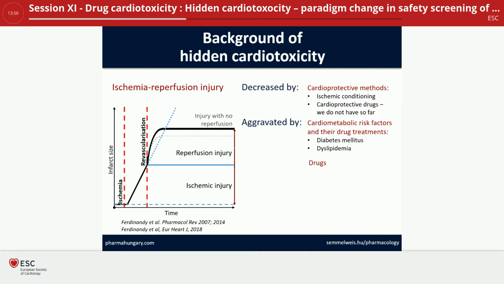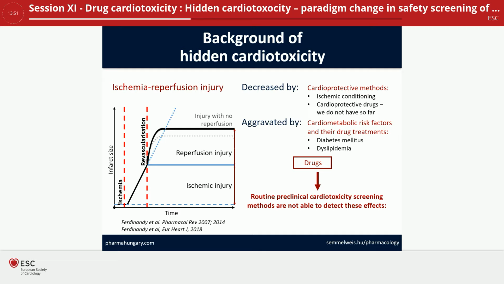Also nitrate tolerance: if the nitrate is not given properly to the patients and nitrate tolerance develops, it can also block preconditioning and ischemic conditioning. So it can be aggravated by drugs as well, and therefore the problem is that the routine preclinical toxicity screening methods are not able to detect these effects because they are simply done only in healthy myocardial tissue.